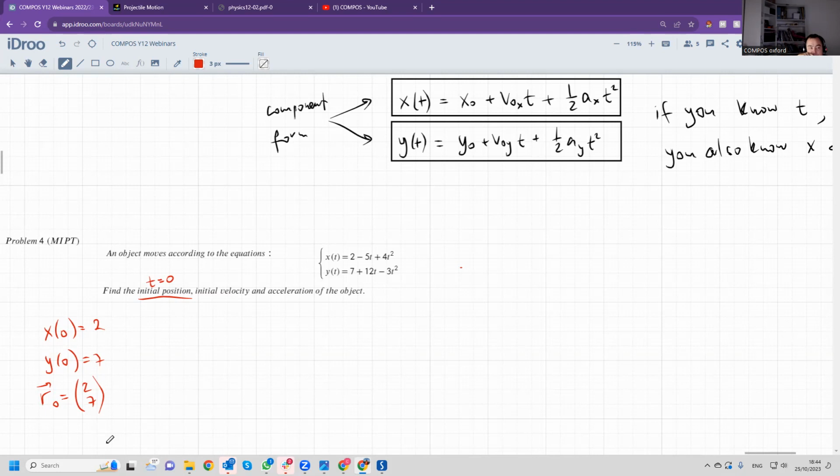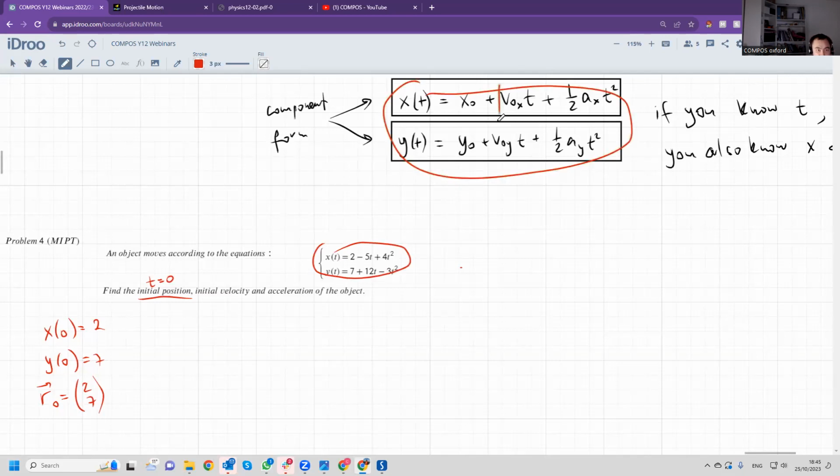Initial velocity. Well, there are different ways to do this. But you can look at these equations.